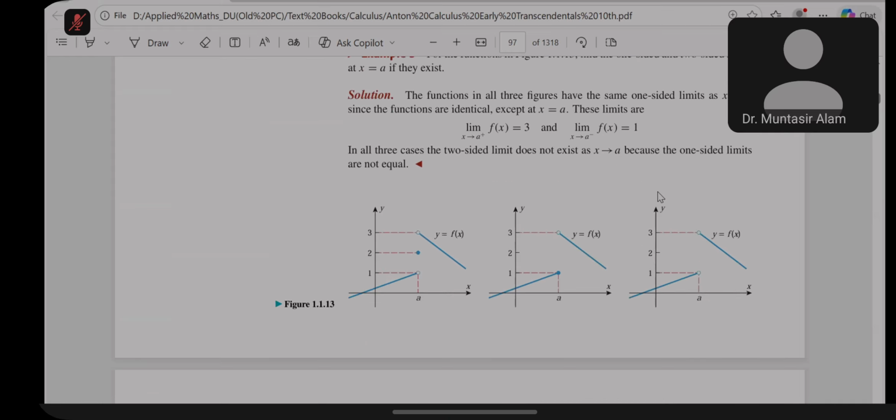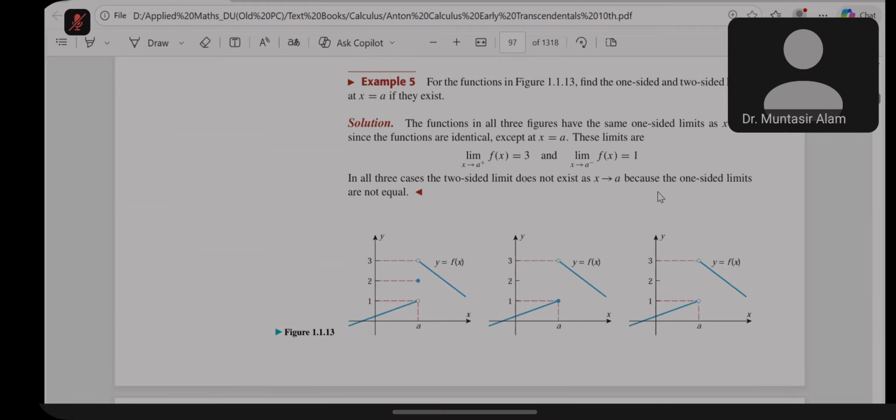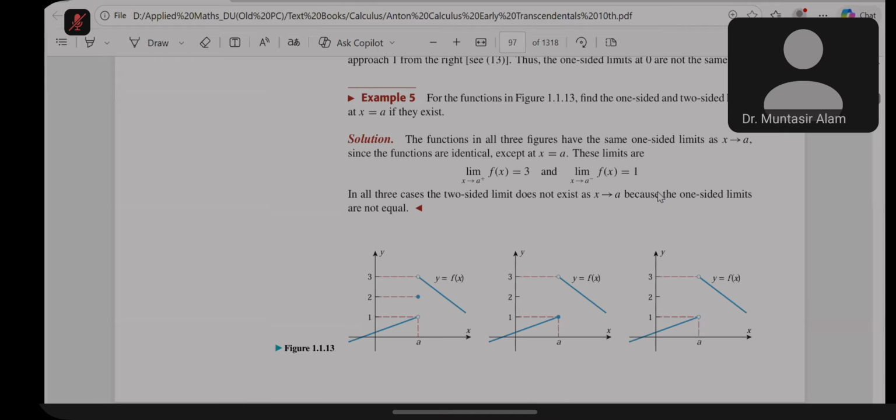All right. So here from example 5, there are 3 figures given. From the 3 figures, what type of conclusion can we draw? Let me ask you one by one.